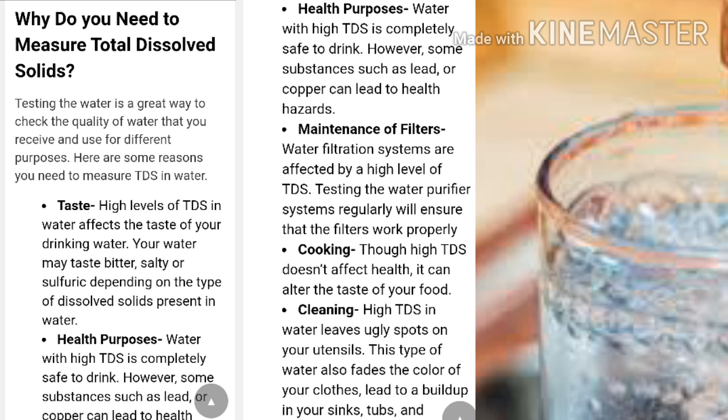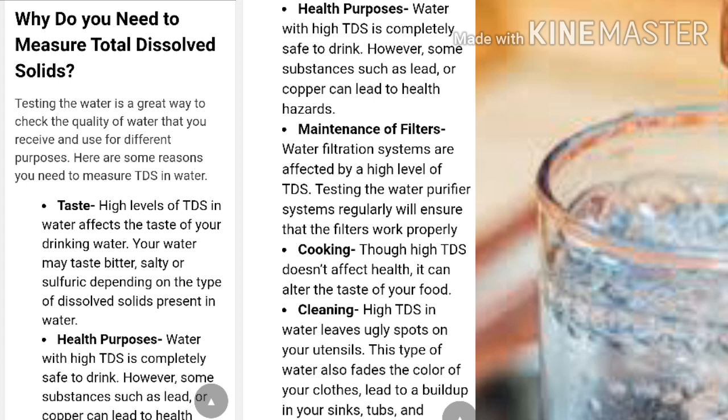In taste, a high level of TDS affects the taste of your drinking water. Your water may taste bitter, salty or sulfuric depending on the type of dissolved salts present. Health: water with high TDS can be safe to drink, however, some substances such as lead or copper can lead to health hazards.